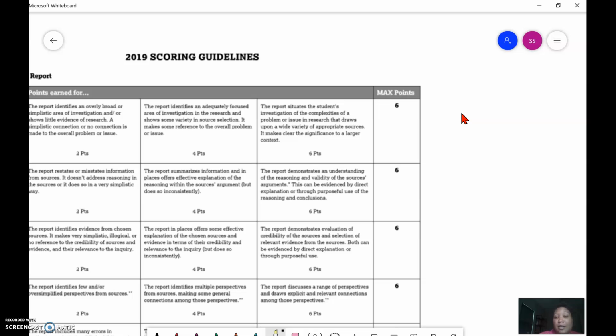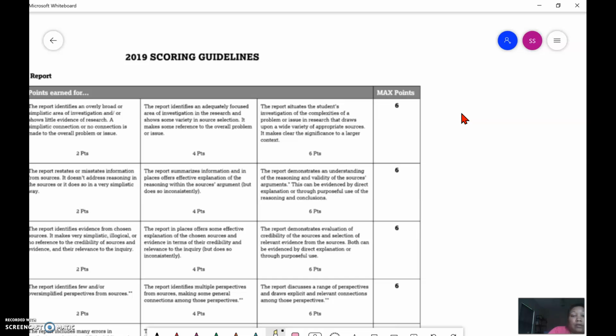And then to get a 6, you need to make sure that your report situates the student's investigation of the complexities of the problem or issue in research that draws upon a wide variety of appropriate sources and makes clear the significance to a larger context.